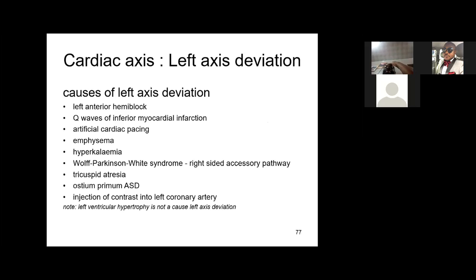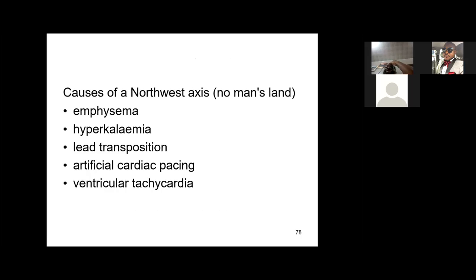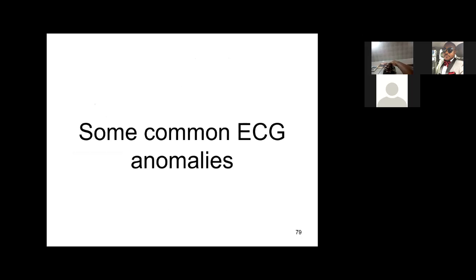Left ventricular hypertrophy is not usually a cause of left axis deviation. And causes of the northwest axis: emphysema, hyperkalemia, lead transposition, artificial cardiac pacing, ventricular tachycardia.